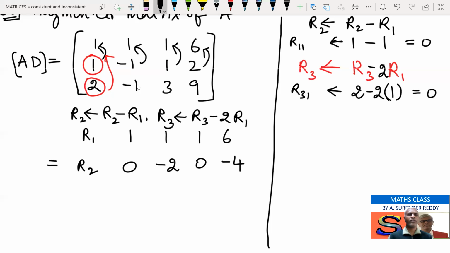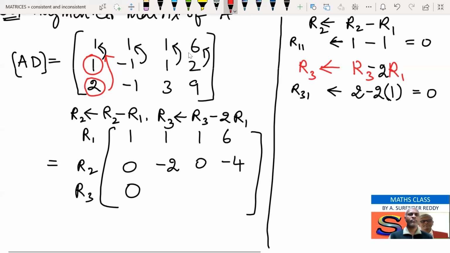We are subtracting 2 R1 from R3. R3 is 2, 2 into R1, that is 2 into 1. So 2 minus 2, this number in R3 becomes 0. Next, apply the same formula for minus 1 and 1.